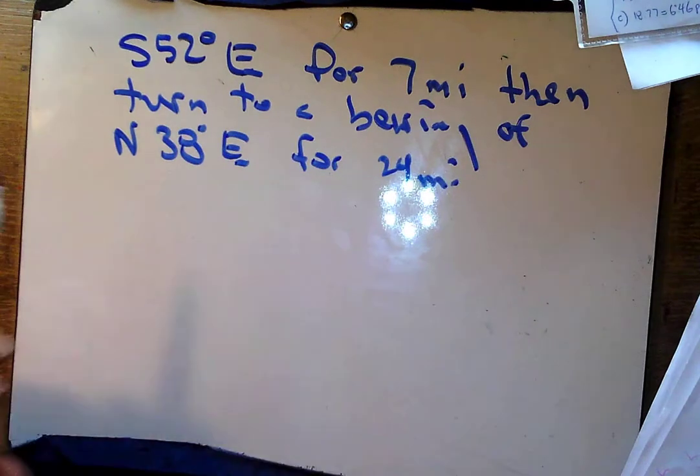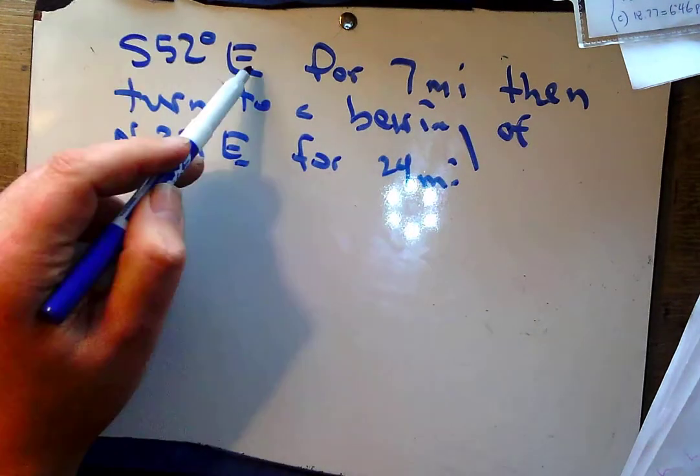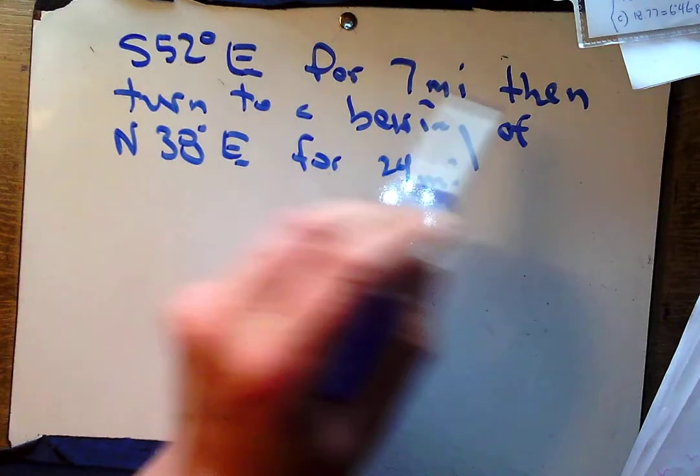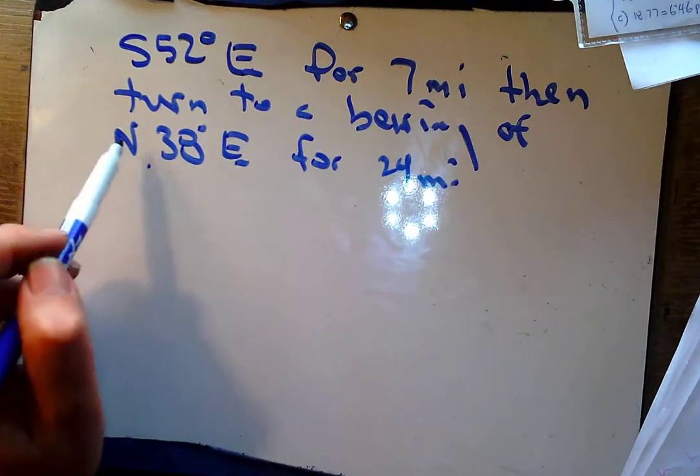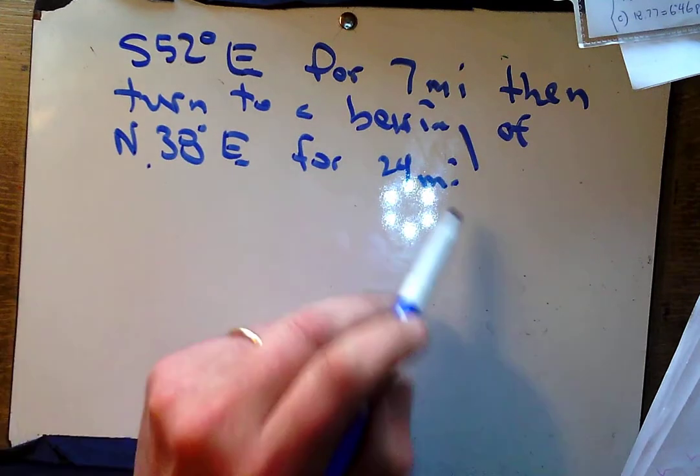And this is a little trip we went on. First we headed south 52 degrees east, we went 7 miles. Then we stopped and we went on a bearing of north 38 east for 24 miles.